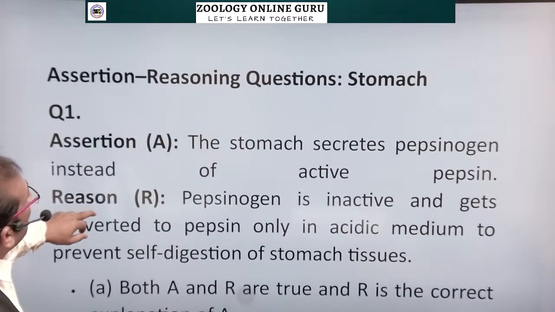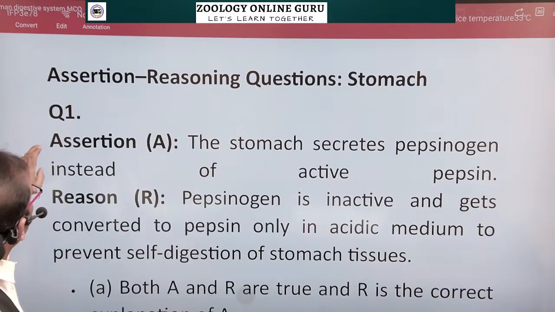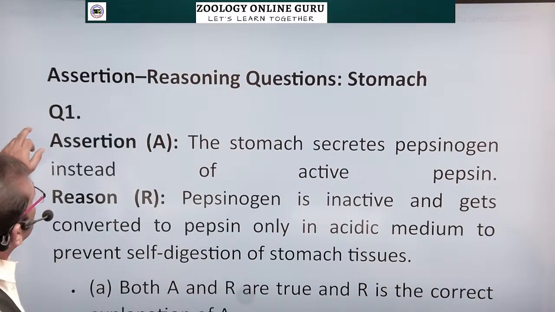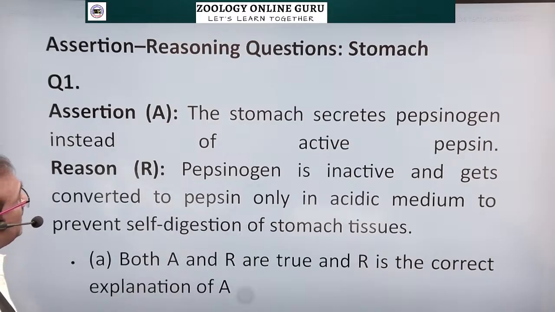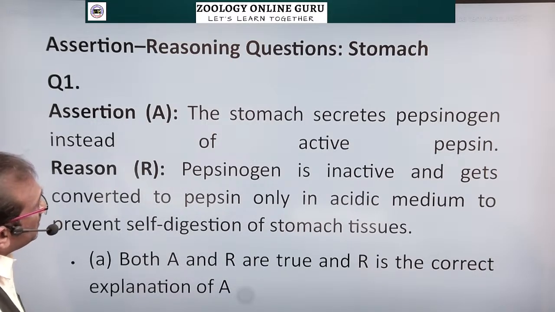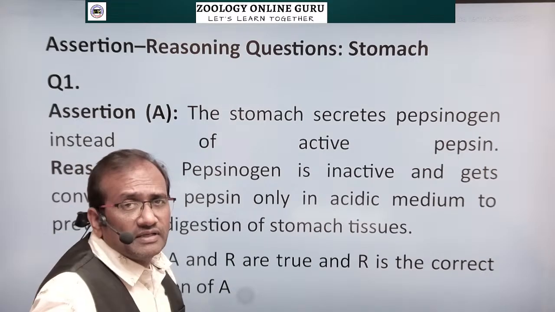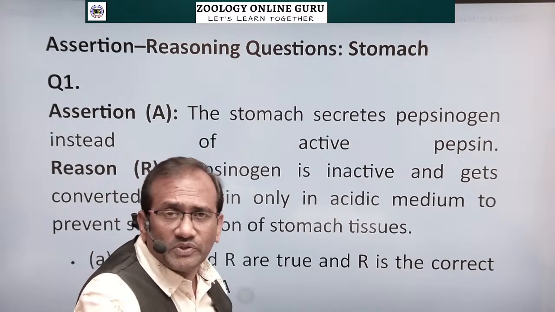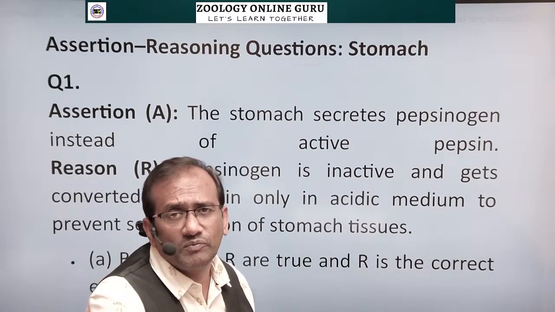Next, another type of assertion-reasoning questions, only for the stomach. The stomach secretes pepsinogen instead of active pepsin. Yes, exactly. After secretion of pepsinogen, HCl converts inactive pepsinogen to active pepsin.